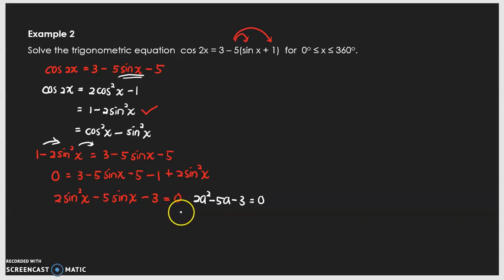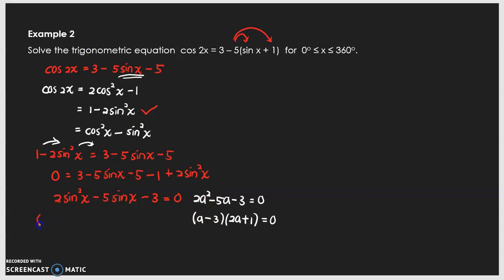If you are using your calculator, the first factor will be a minus 3, and here is 2a plus 1. The given quadratic equation is in terms of a, but now our quadratic equation is in terms of sin.